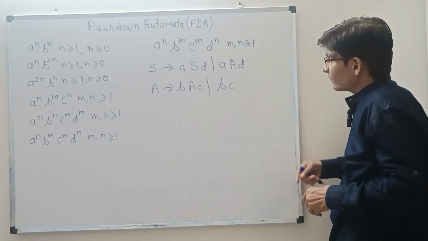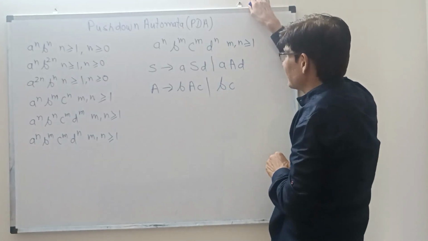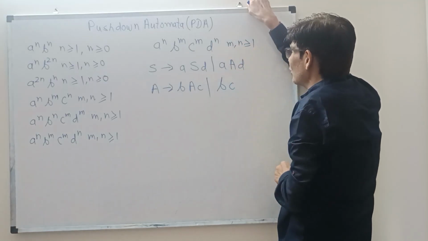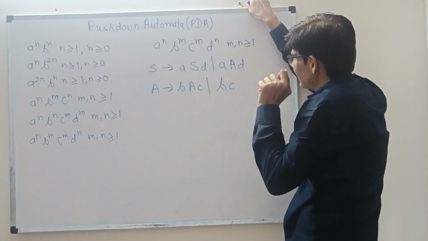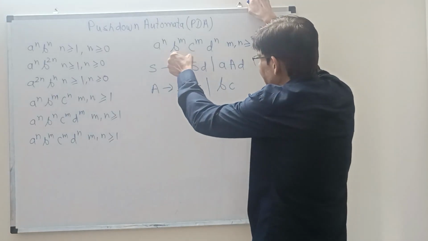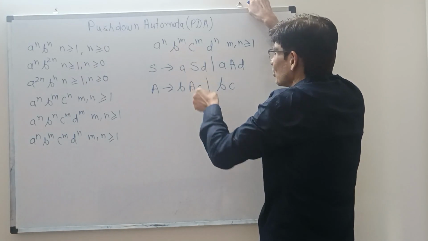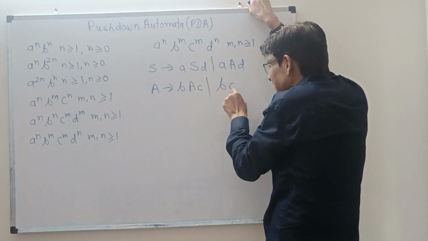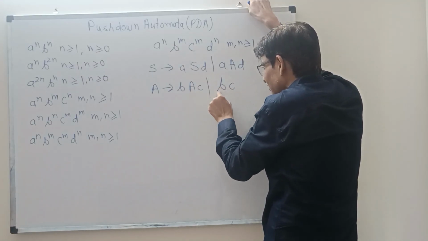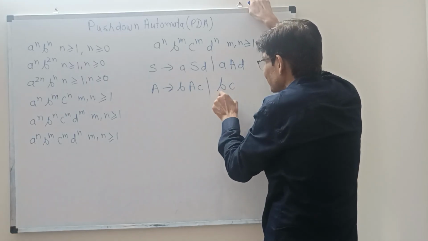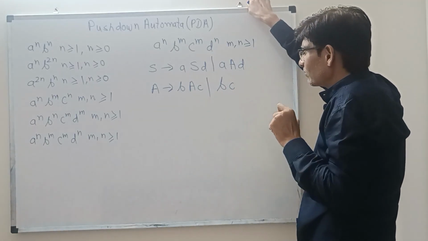Now, if m is greater than or equal to 0, but n is greater than or equal to 1, it is like this. B and C may be epsilon also. In that case, this production can be replaced with an epsilon production. This production can be replaced with an epsilon production, right?